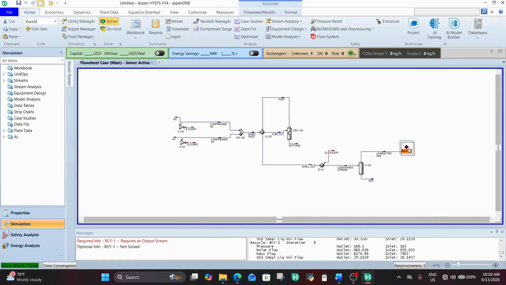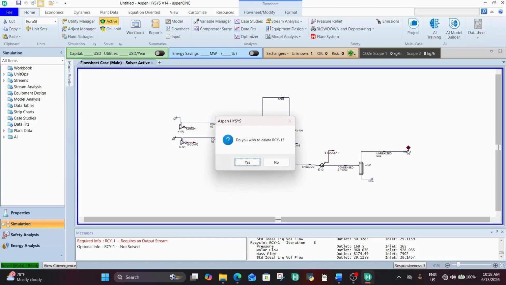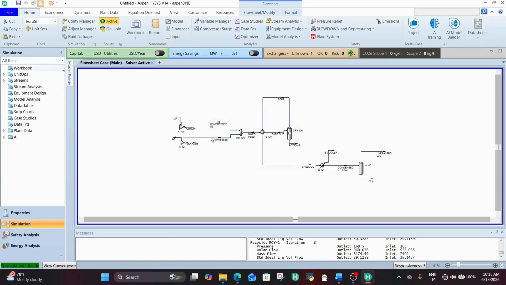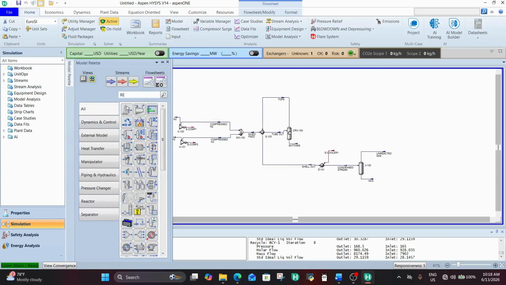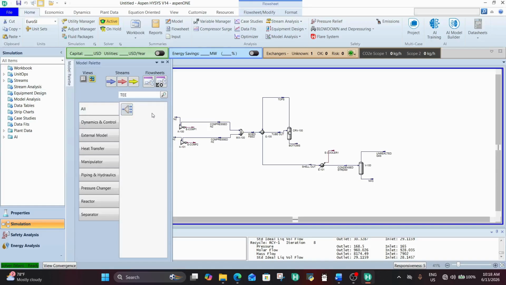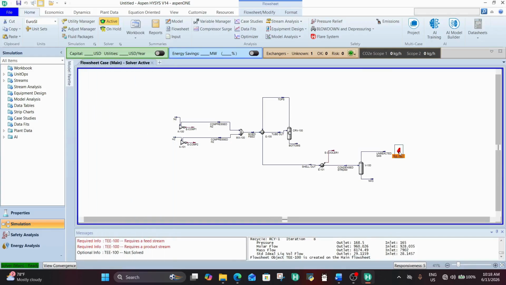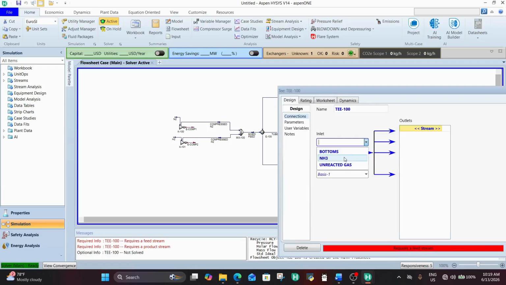So let's do a split firstly. Unreacted gases, split it to, let's call this zero, let's say half.